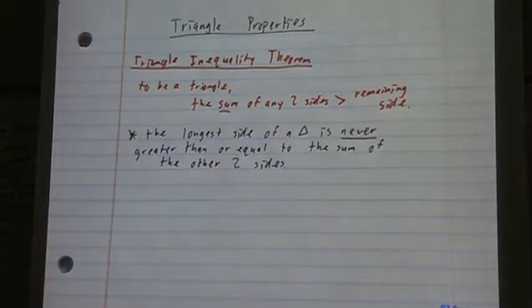Cool. Okay. So the longest side always has to be smaller than the sum of the other two sides, of the two smaller sides.